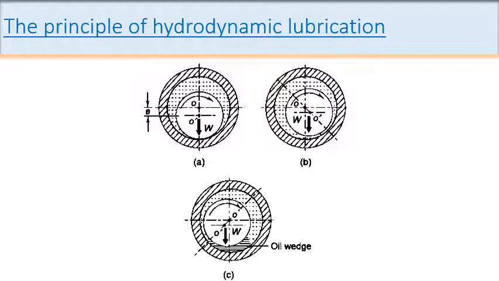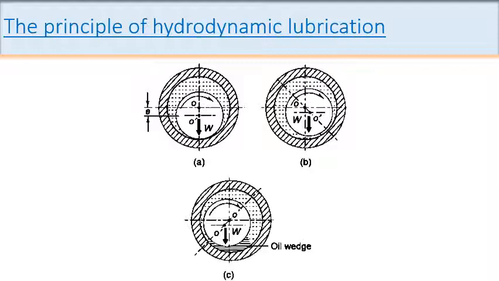The clearance space between the journal and bearing is completely filled with oil at all times. Initially, when the shaft is at rest, as shown in figure A, it sinks to the bottom of this clearance space under the action of the radial load W, and the surfaces of the journal and the bearing touch in this position.